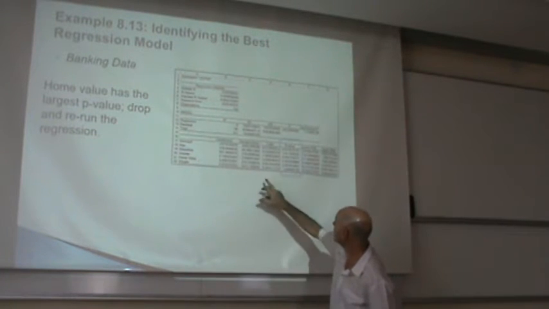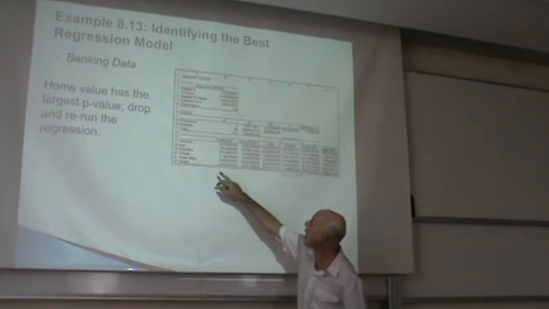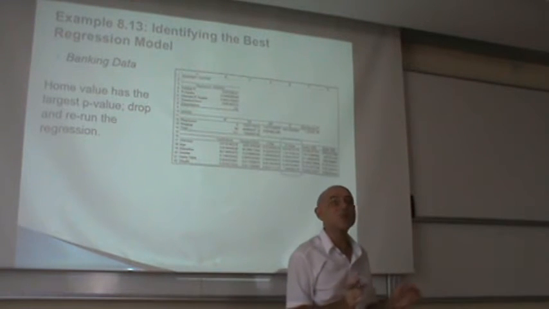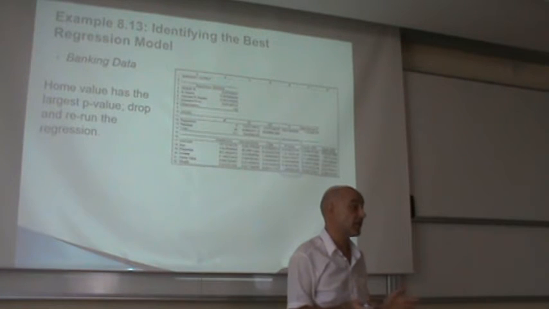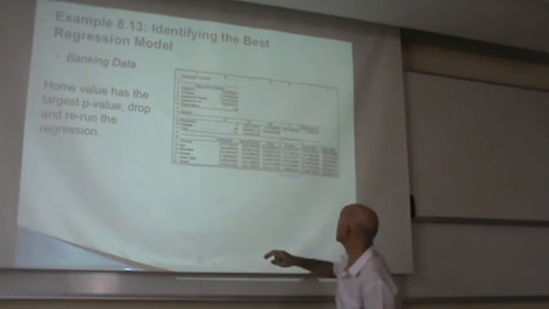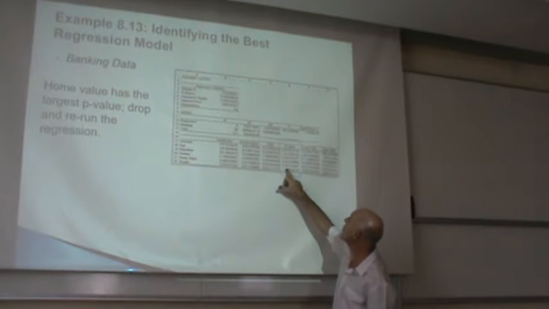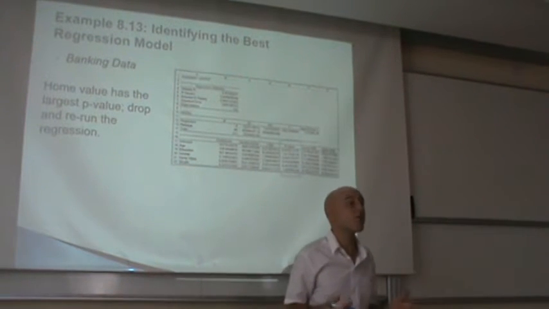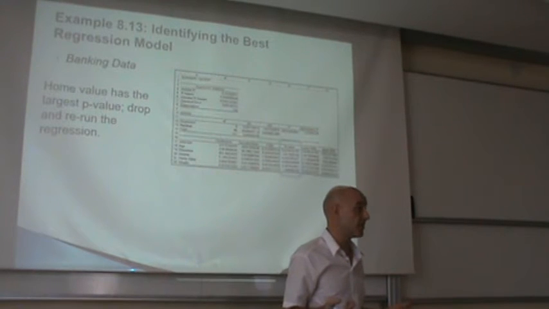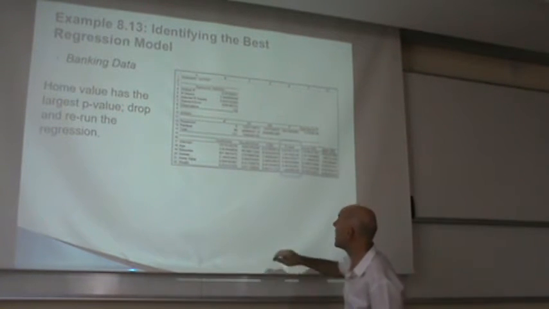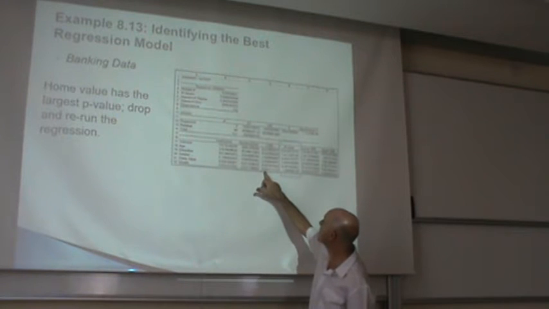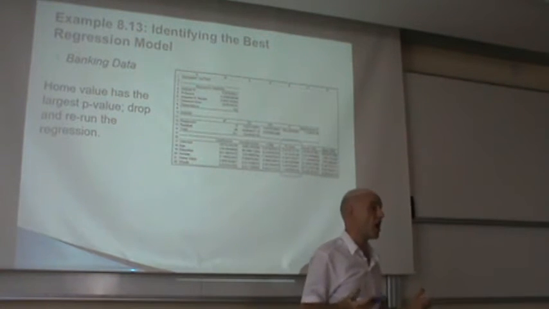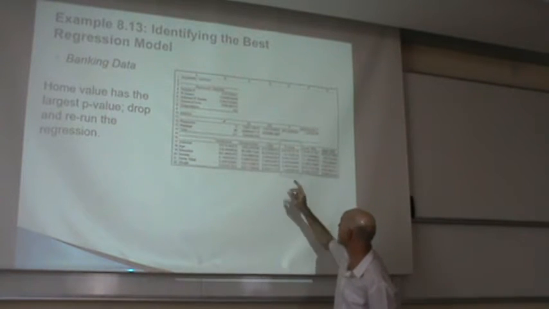This one is home value, 0.8. 0.8 is too small, relatively insignificant. The p-value here is 0.4. 0.4 is very, very insignificant. And then the last one is wealth. The t-stat is 6.6. This is very high, very significant.